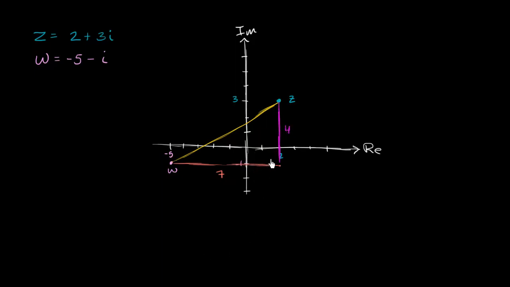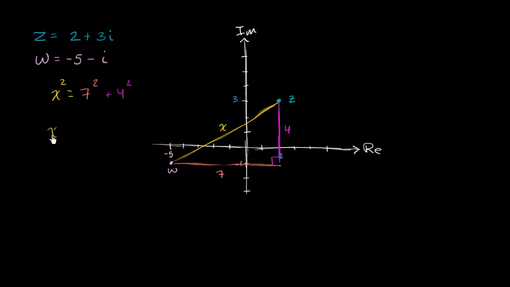So now we can apply the Pythagorean theorem. This is a right triangle. Let's just say that the distance is x. x squared is going to be equal to 7 squared plus 4 squared.